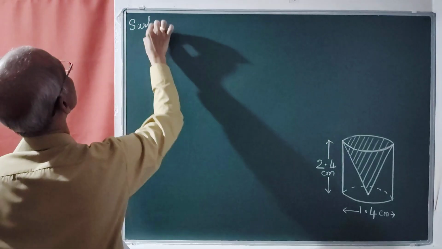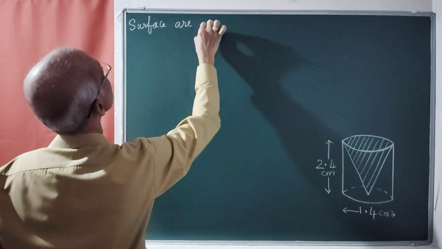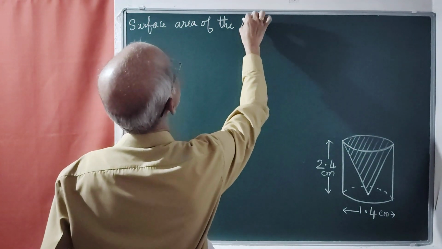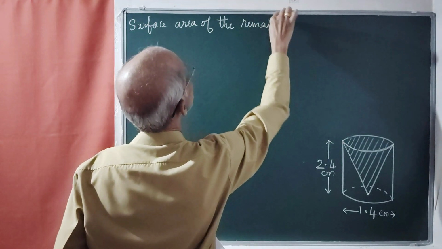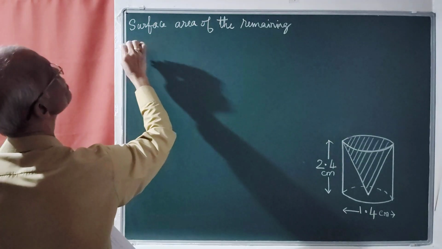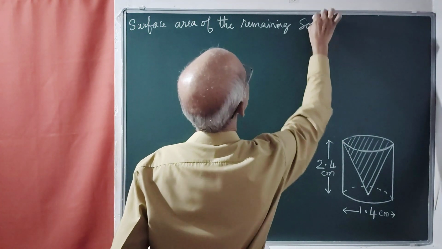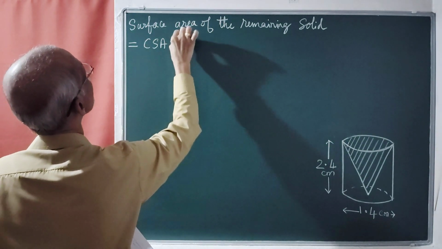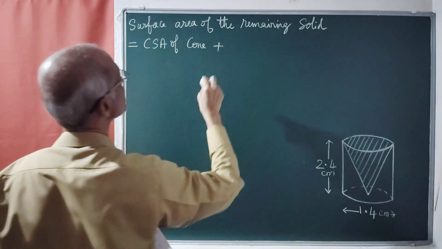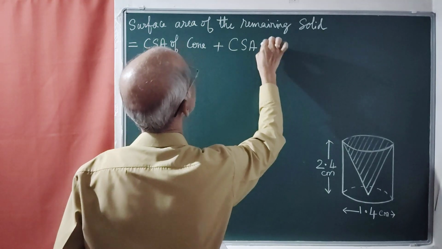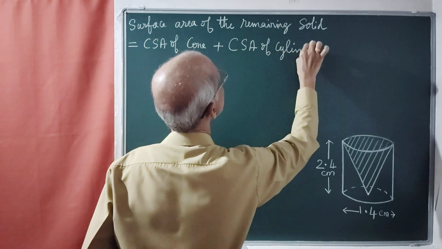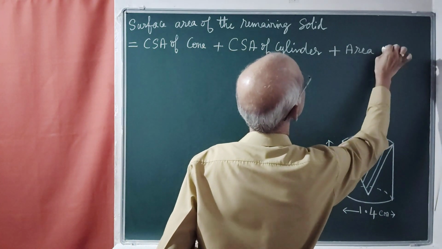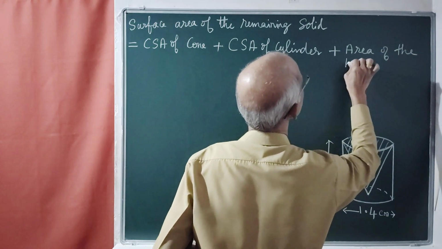Surface area of the remaining solid is equal to CSA of cone plus CSA of cylinder plus area of the base.